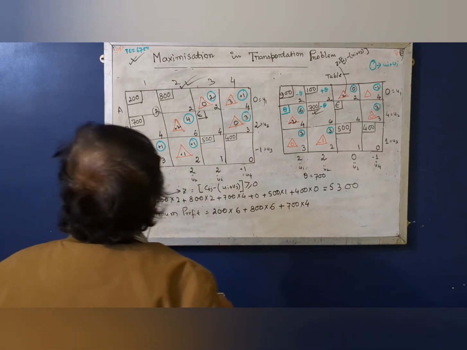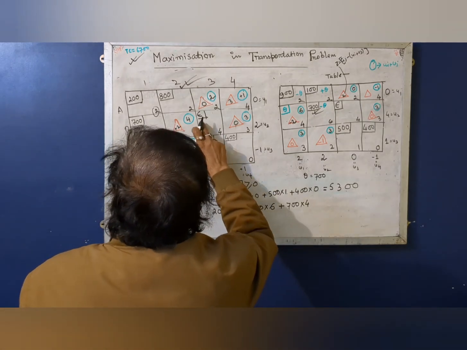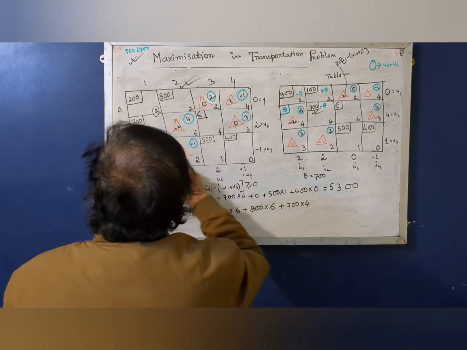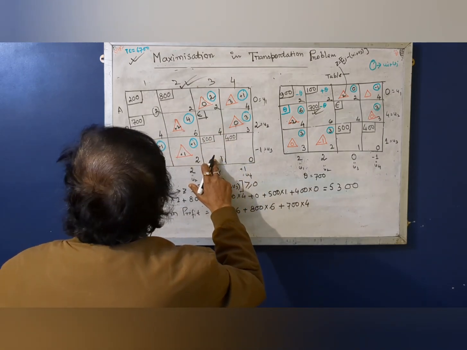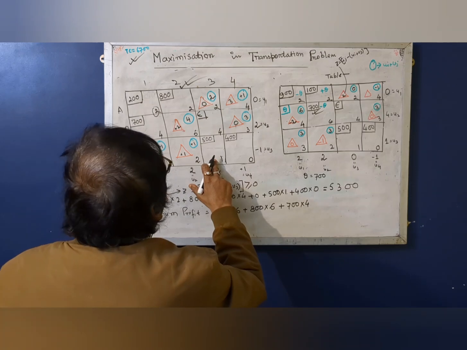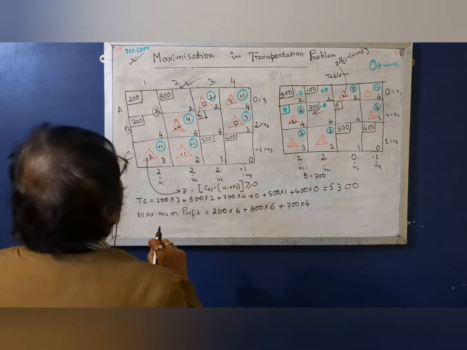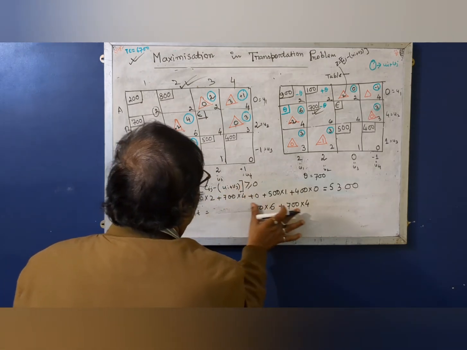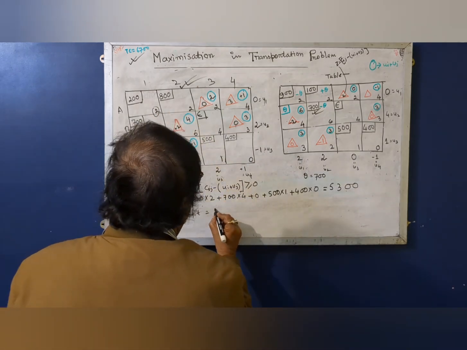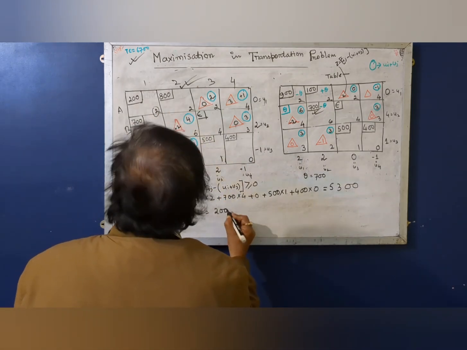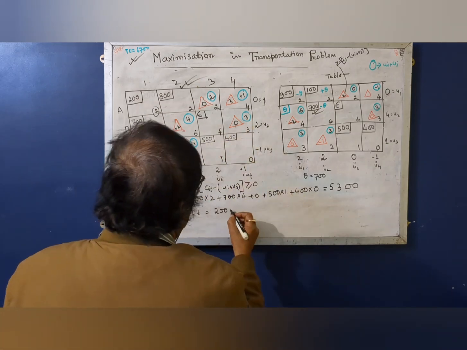Then the next allocation you will not consider, as it is a negligible quantity. Sorry, you have to go to the first table and see what the profit is. Actually, after subtracting, it was right.